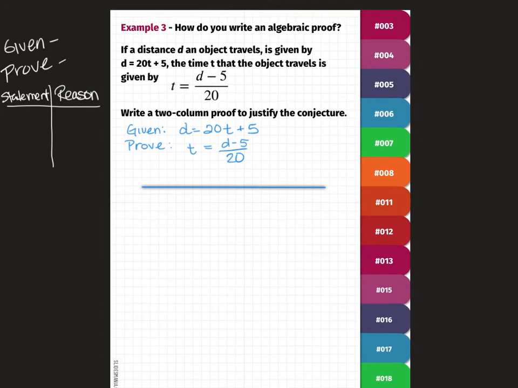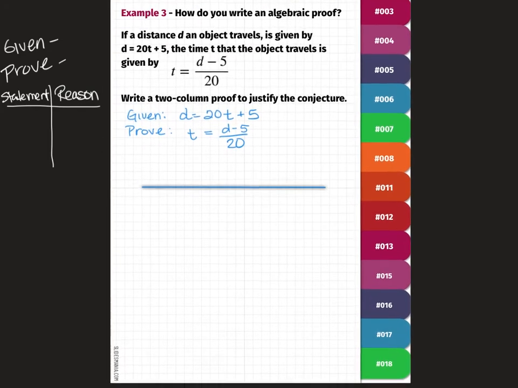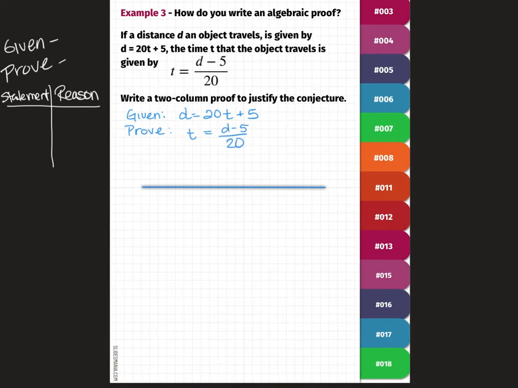Guess I needed to click on the line. There we go. Okay, then on the left, we're going to have our statements. And on the right, we're going to have our reasons.